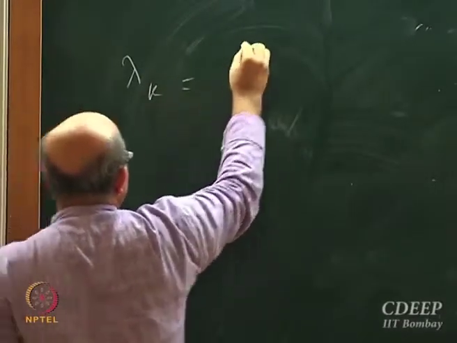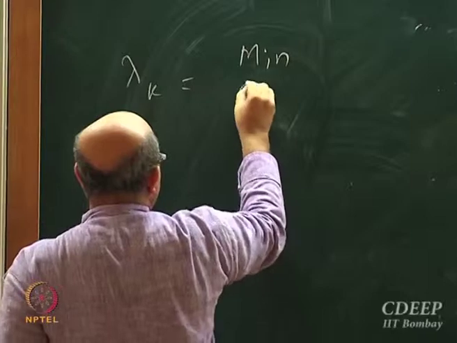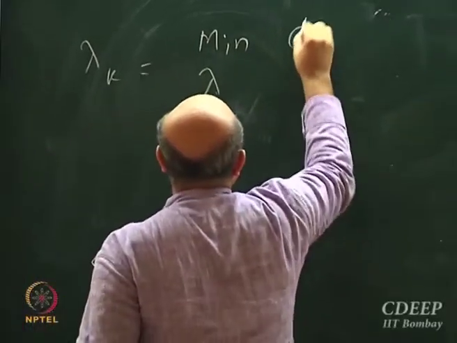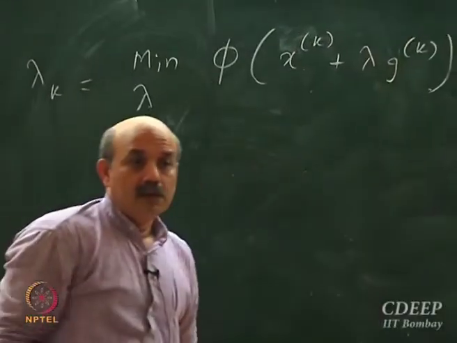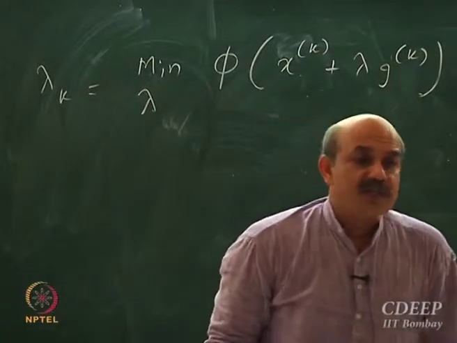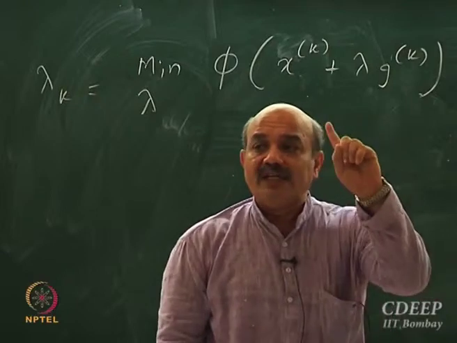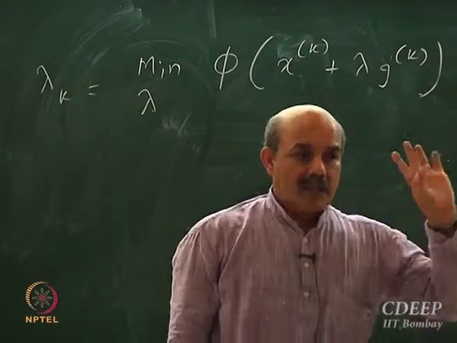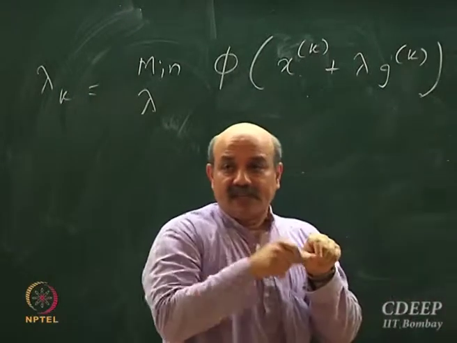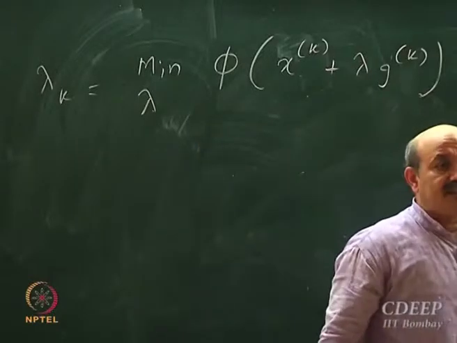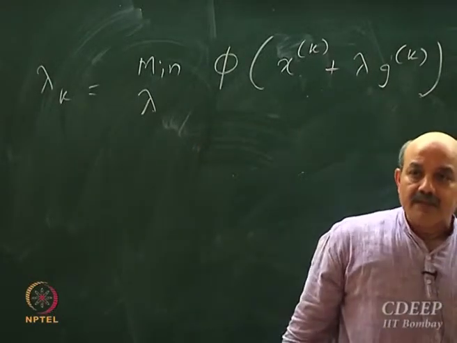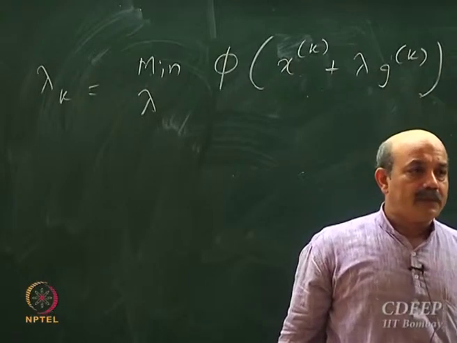Lambda_k is the minimization with respect to lambda of phi. What is the difference between the original problem and this minimization problem? This is a one-dimensional minimization problem. Lambda is a scalar, lambda is a step length. The direction is fixed, how much to move is given by the step length parameter.